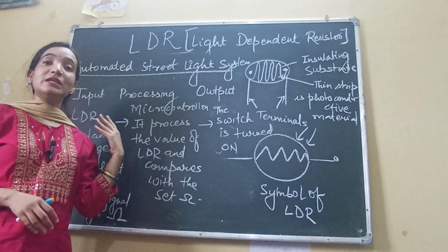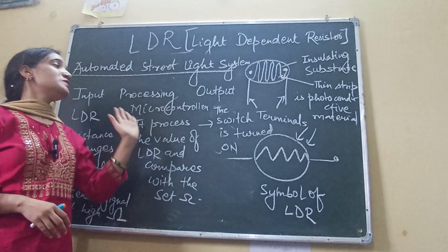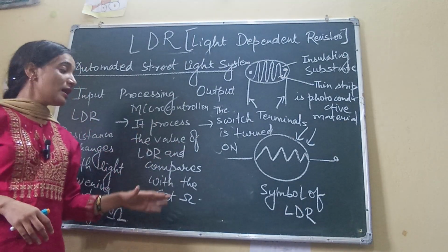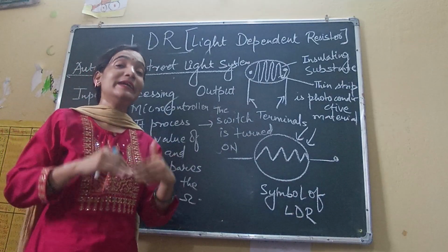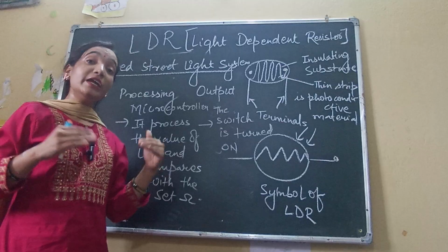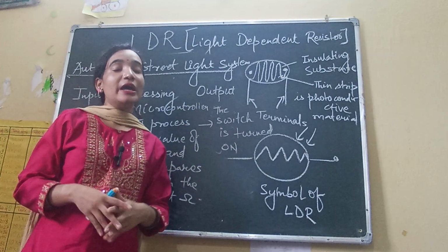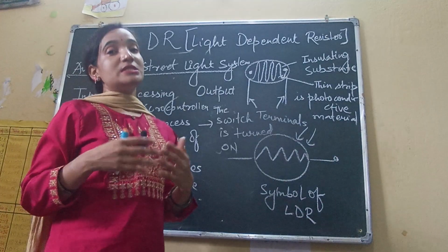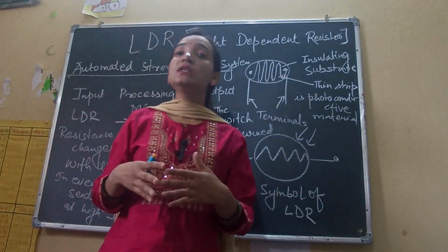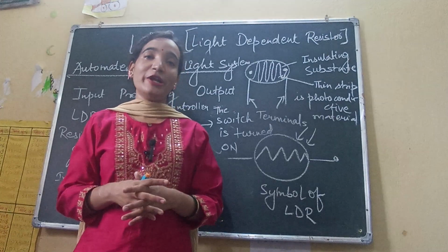Then it again gives a signal to the microcontroller, and when it is less than the set resistance or standard resistance, it will send the signal to the switch to turn it off, and our street light gets off during the daytime or in the morning.